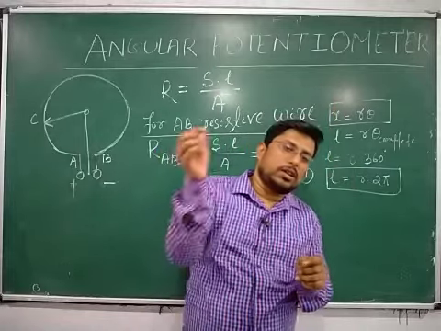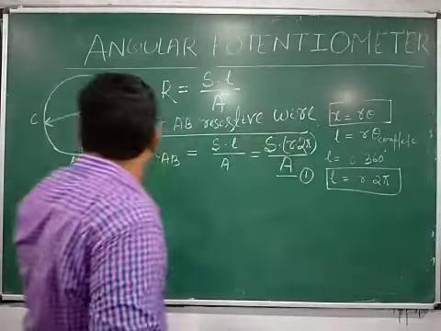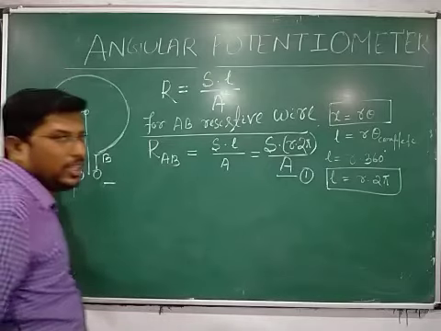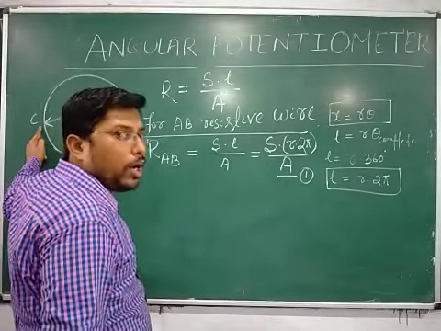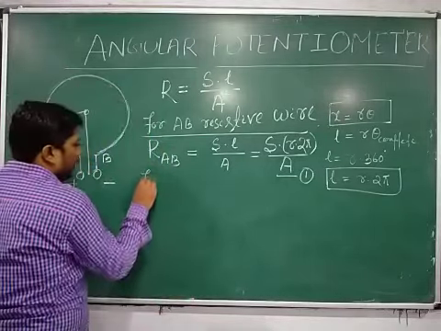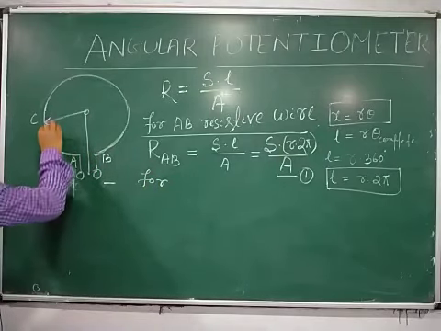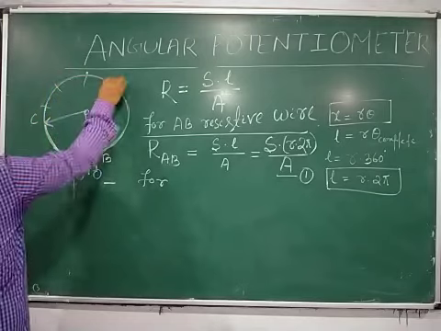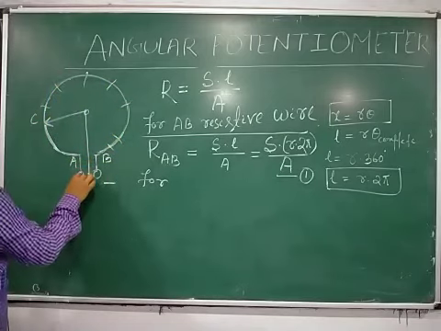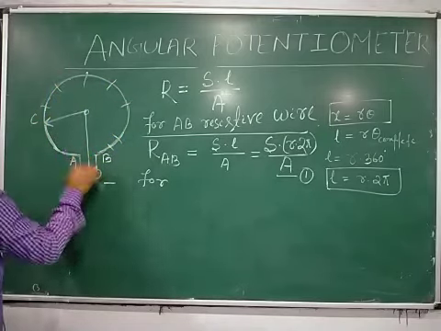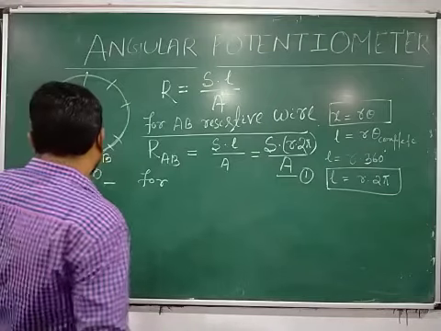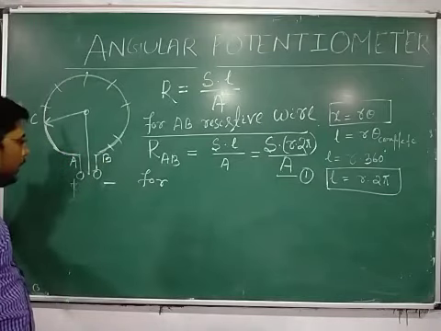Now, if the slider is touching at some point, suppose at point C, then what happens? For the AC part, because in the other part there is no current flowing, current will flow from A to C and come back to this point. So I have to find only the value for AC.